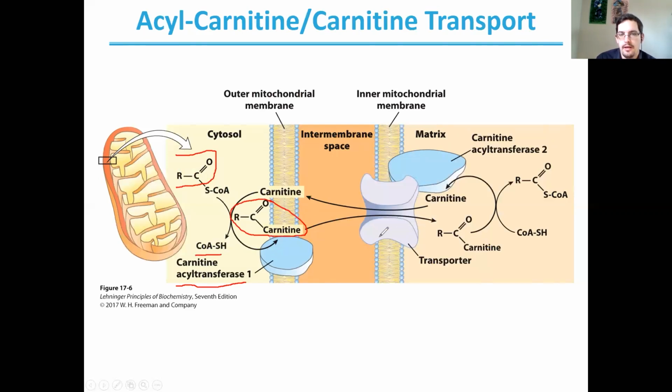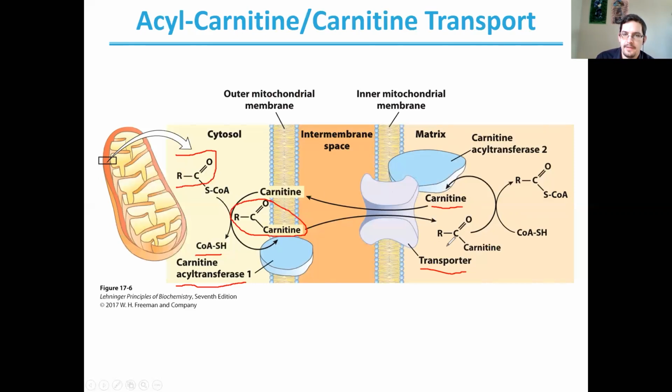membrane of the mitochondria using that acyl-carnitine co-transporter. So this transporter converts 1 unit of the acyl-carnitine in, and it transports 1 unit of carnitine out at the same time.